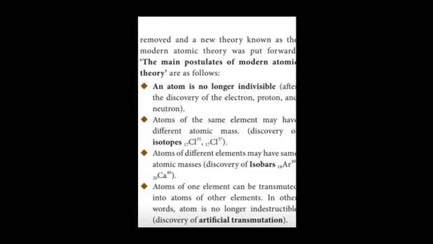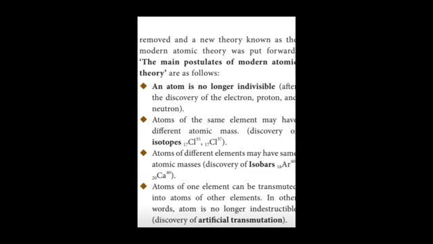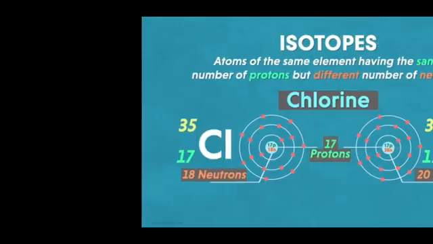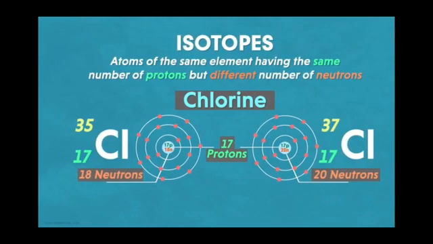The second postulate is, atoms of the same element may have different atomic mass. For example, chlorine. You know that chlorine exists in two forms, chlorine 35 and chlorine 37.